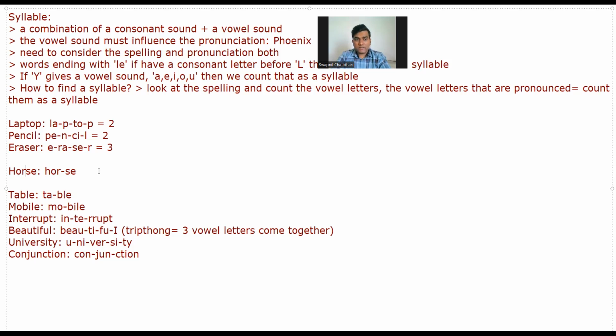What about this? S, s. E, this letter is not pronounced, right? So the E letter is silent. Therefore, we will not count this as a syllable. Okay? So over here, we have 1 syllable.